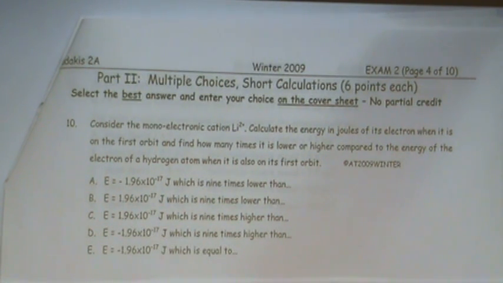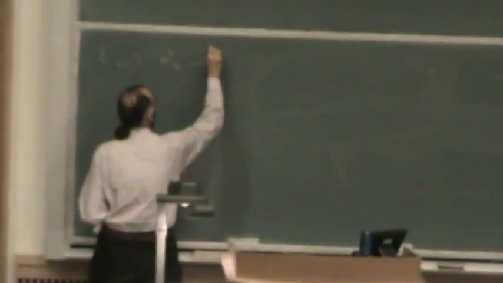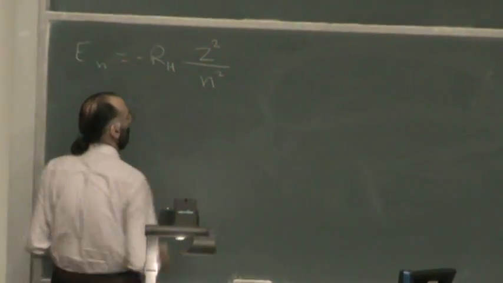So immediately what comes to mind is the equation that you have on the last page of your exam. You probably remember it, it's not that hard: the energy on orbit number n, 1, 2, 3, is equal to minus RH times, in general for monoelectronic species, not just hydrogen, with atomic number Z, Z squared divided by n squared.